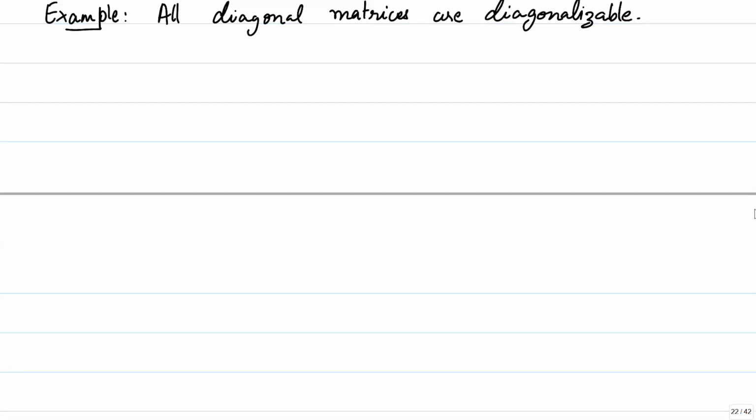Let us now look at a necessary and sufficient condition on when we can say that a matrix is diagonalizable. That is captured in the next proposition.